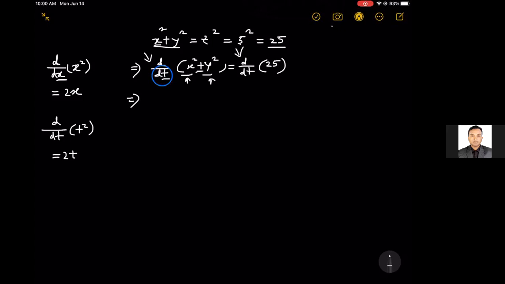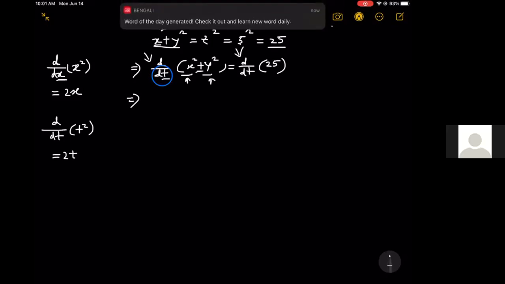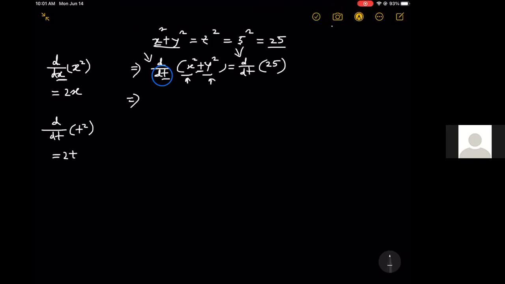I mean, there has to be a reason behind it. Do you want us to say we are going to use something like implicit differentiation? Not really, because I'm just considering x squared.